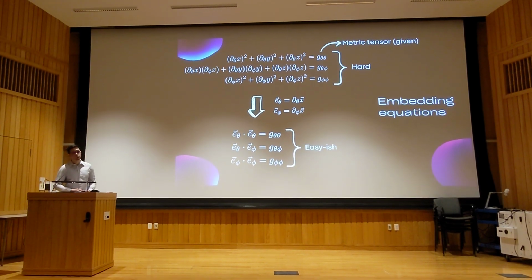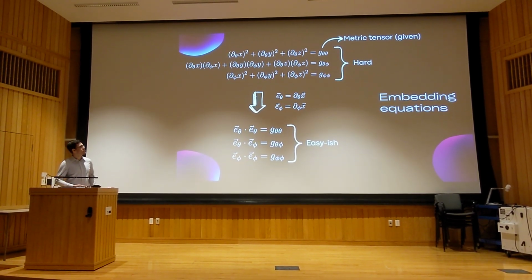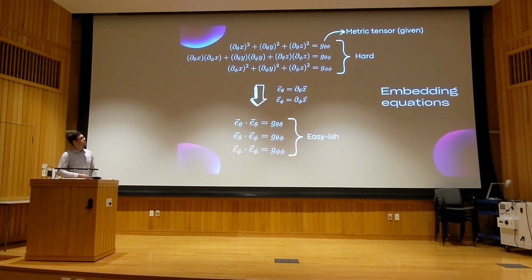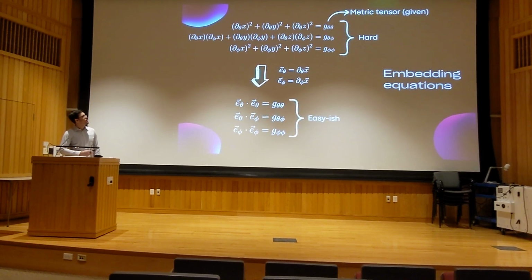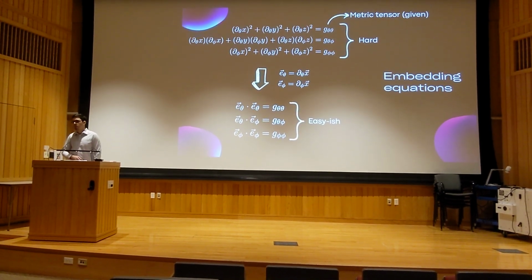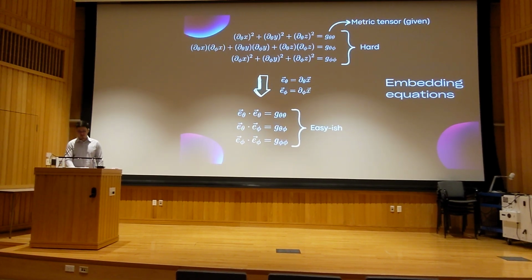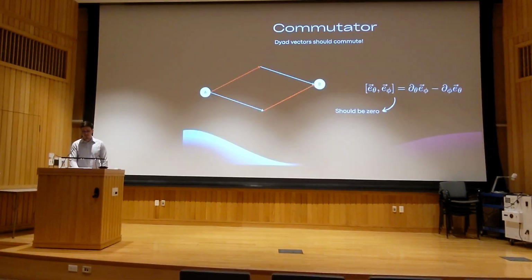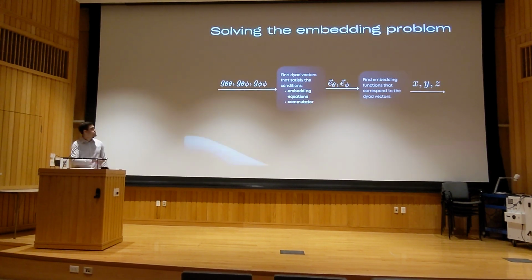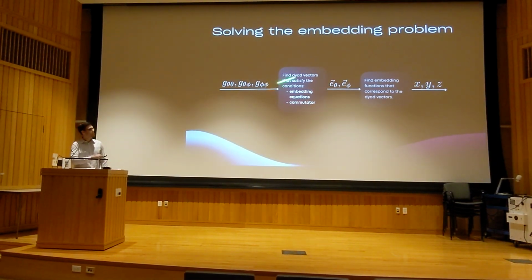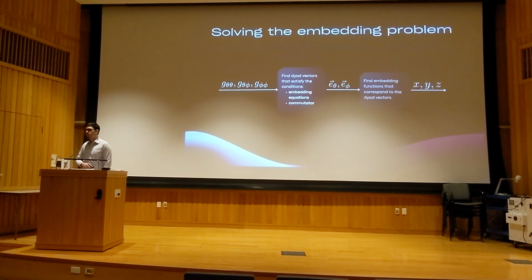For example, for the round spheres, it's much simpler, but for our complicated cases, we need to actually derive the metric tensor. But the right sides here are all given. And then it's the input of our solver. We solve a bunch of things, and then we end up with the embedding functions.